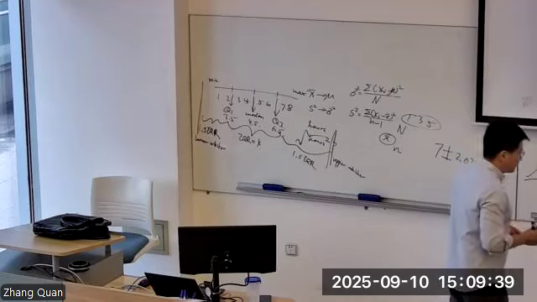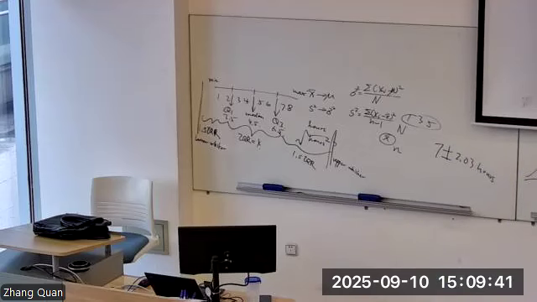Okay, so log transformation is basically taking the logarithm value of each observation in your data. If your sample is x1, x2, and so on, you just transform it into log x1, log x2, and so on.